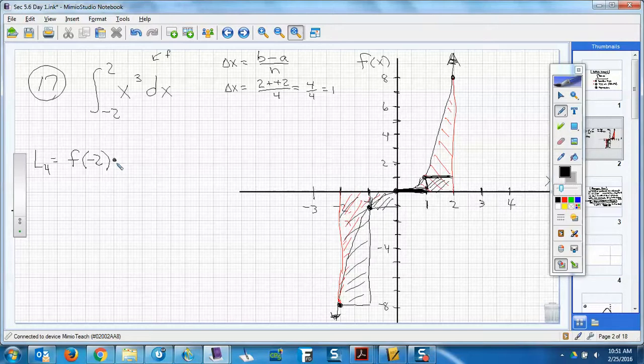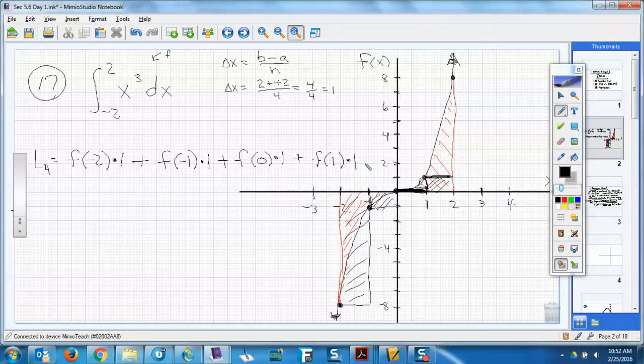What's the width? 1, plus, what's my next rectangle height? f of -1 times 1, plus f of 0 times 1, plus f of 1 times 1.